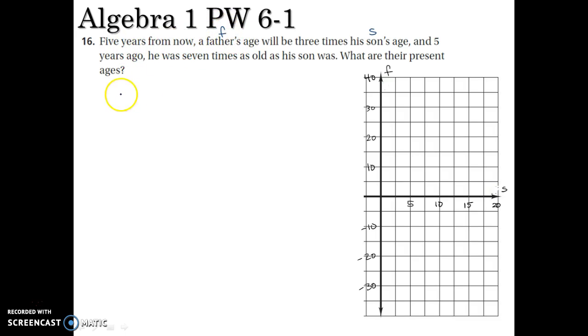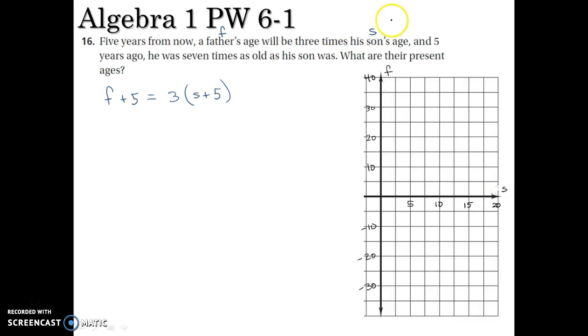So 5 years from now, the father will be F plus 5 years old, and the son will be S plus 5 years old. And 5 years from now, the father's age will be 3 times the son's age. So the father's age in 5 years is going to be 3 times the son's age in 5 years.